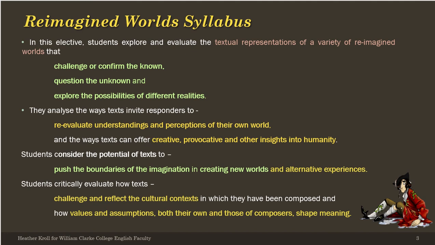By pushing the boundaries of the imagination, the texts in this particular elective are often non-mimetic. So they're non-realistic. A mimetic text is a realistic text. So literature in this particular unit moves beyond realism.